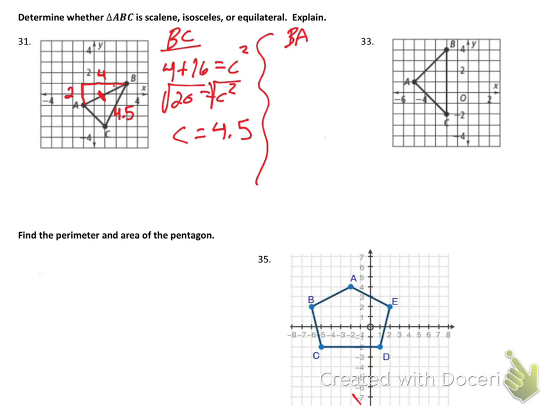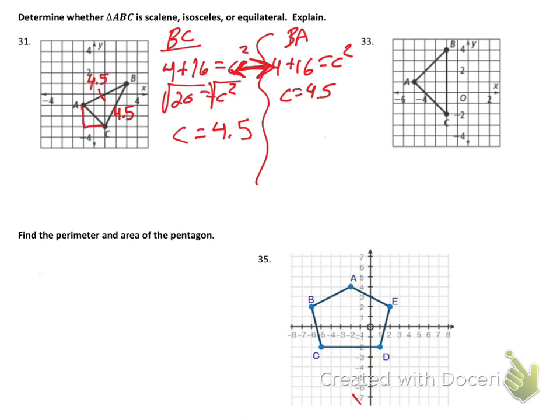It's 2 squared, which is 4, plus 16, which is this 4 squared, is going to be equal to C squared. Look at this, same thing right here. These are the same equations. So you're going to get C is equal to 4.5. So then I know that this side right here is going to be 4.5.